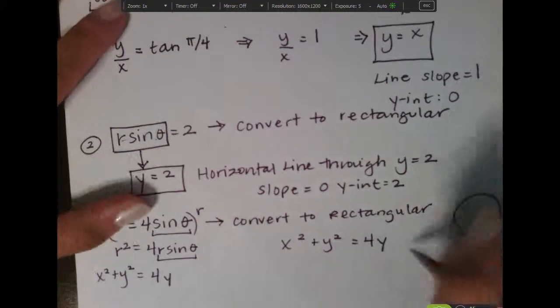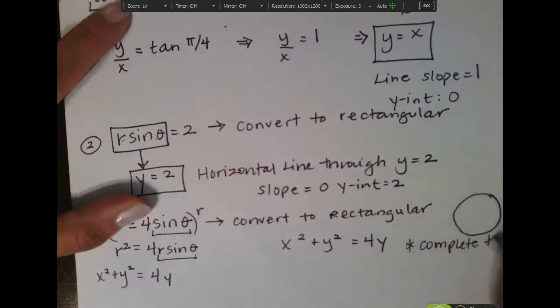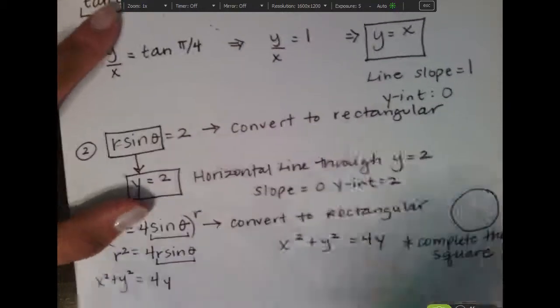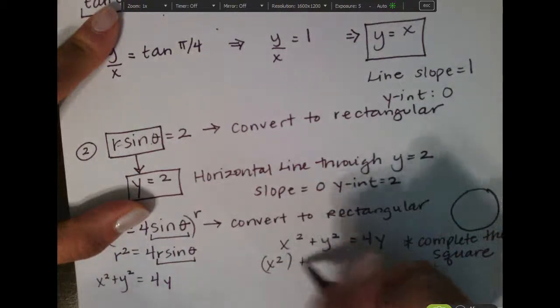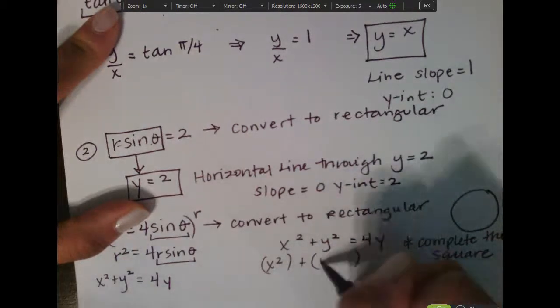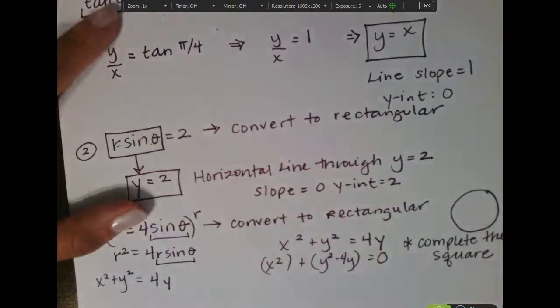Instead, what we would do here is complete the square. That is something that you have to refer back to, completing the square. And to do it with circles, you have to do it sort of in two groups: with your x's and with your y's.